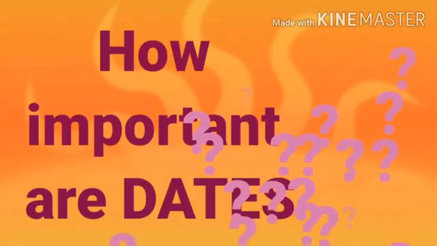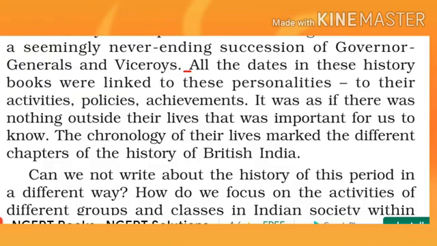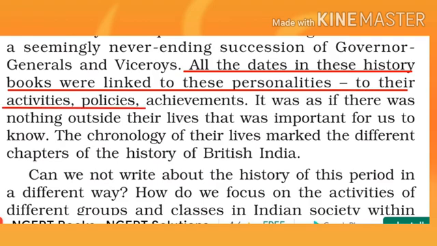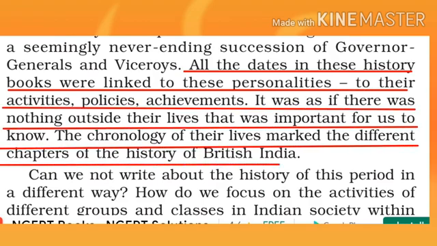Students, I know that you are thinking about how important dates are. So, dates help us in finding out how things were in the past and how things change over time.